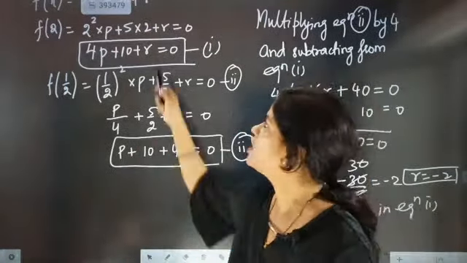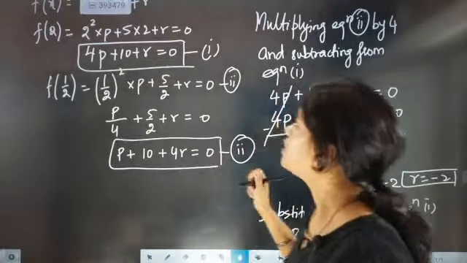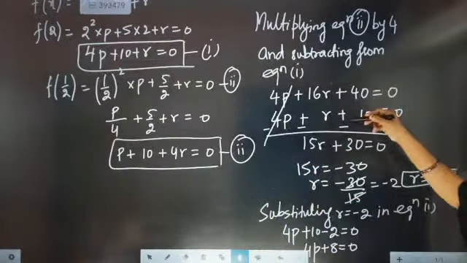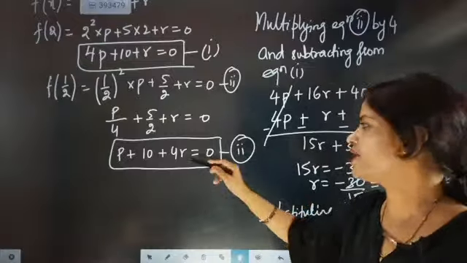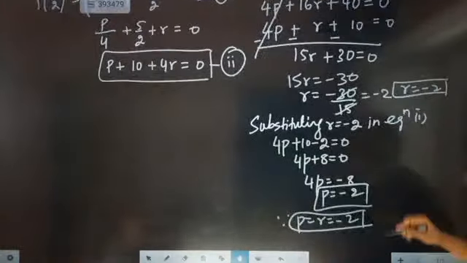There are two ways of solving. You can add both of them and then find p equal to r, or you can multiply equation 2 with 4, the way I have done, and then subtract both. After multiplying and subtracting I got r equal to minus 2 and then p equal to minus 2.